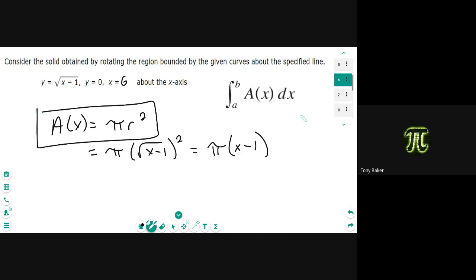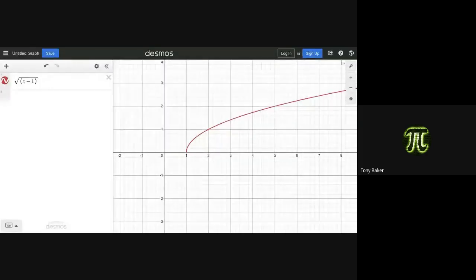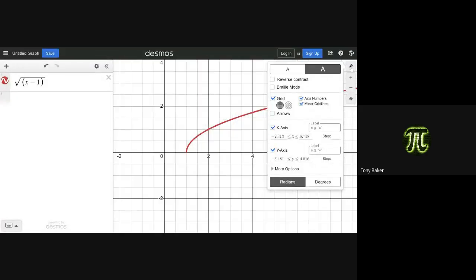I'll pull up the graph so you can see this one. And I would just do the integral of x minus 1 from 0 to 6. This was the graph.